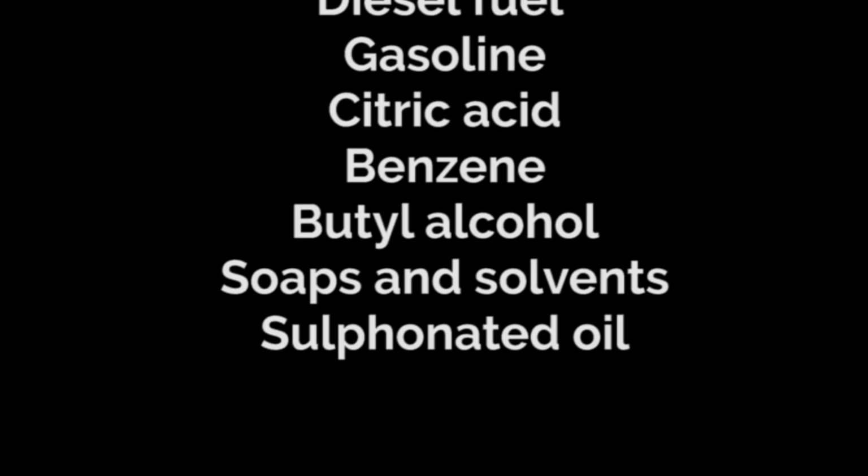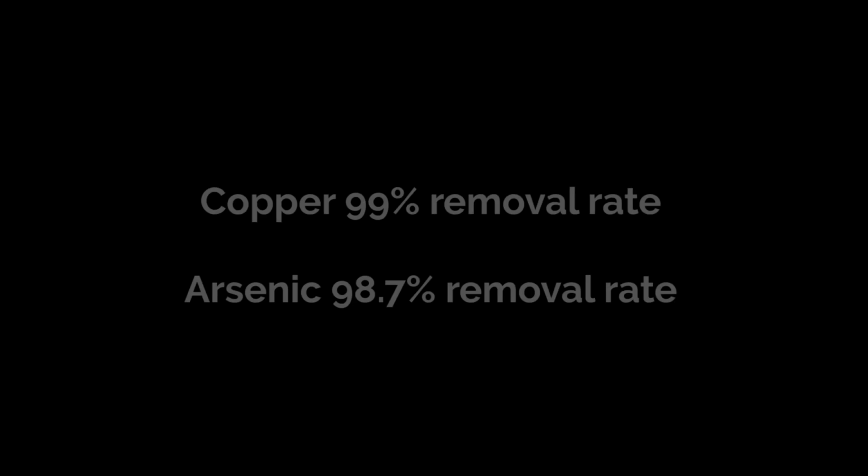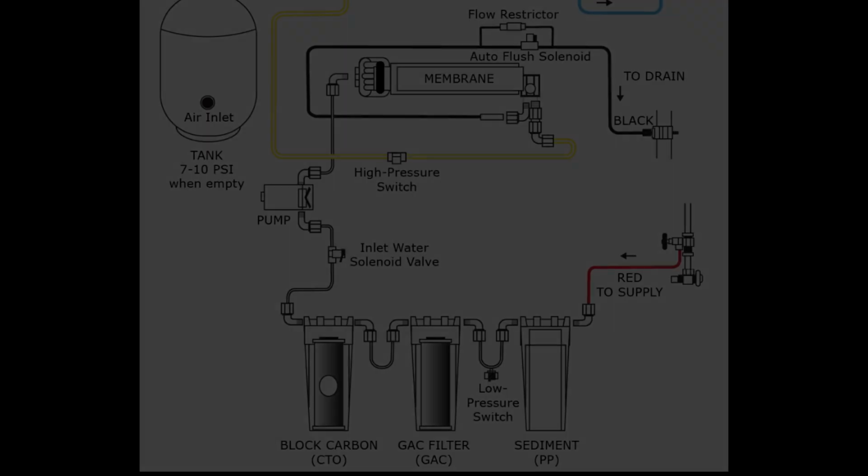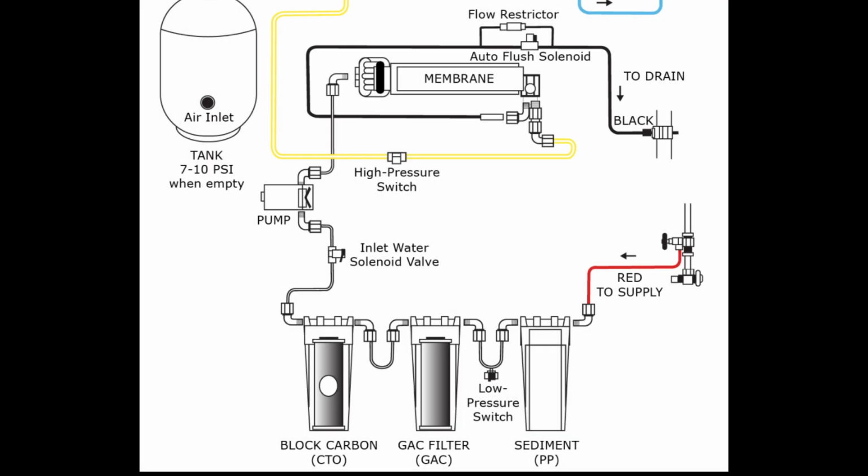These are all removed in various percentages. For example, copper is a 99% removal. Arsenic is 98.7% removal. And that's a function of the filtration itself, plus the membrane itself.